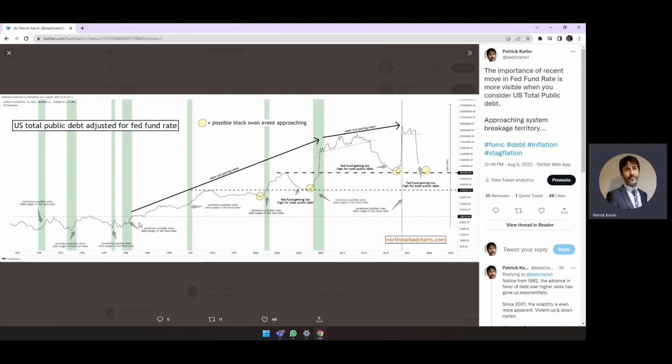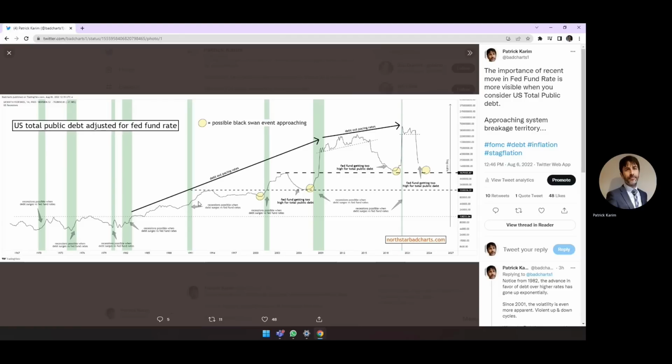And look, since 1982, the total public debt has just gone up and up, logarithmically, versus the Fed fund rate. The Fed fund rate in 1980 was what, 16, 17%. So as that Fed fund rate kept going down and down, more and more debt was able to be accumulated.